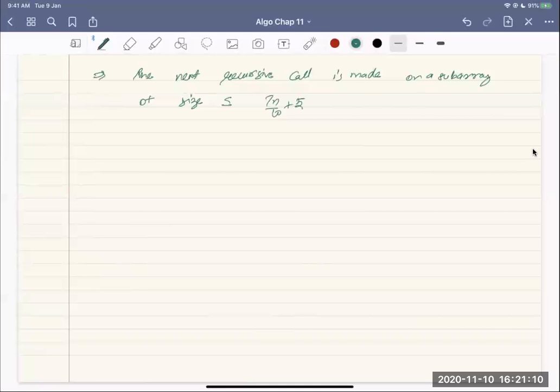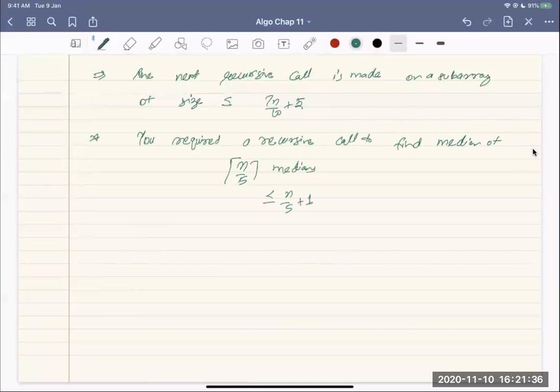But this required a recursive call to find the median of n by 5 medians. Right? So this is less than or equal to n by 5 plus 1.